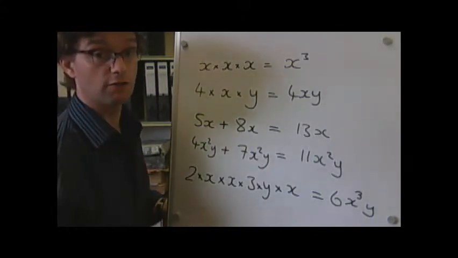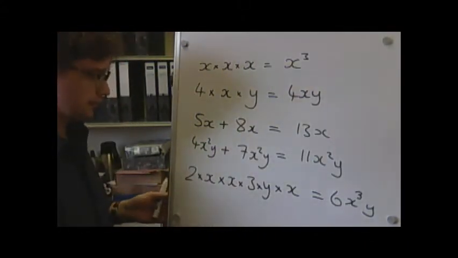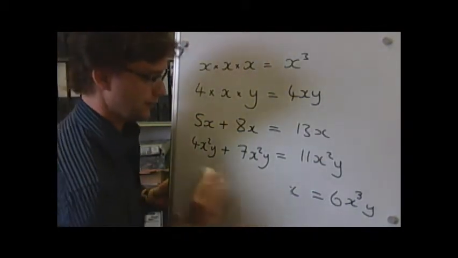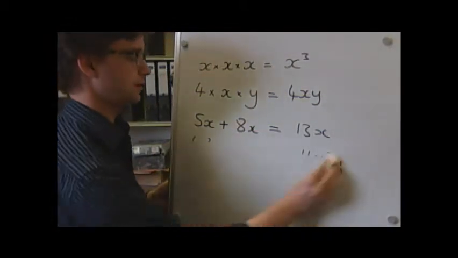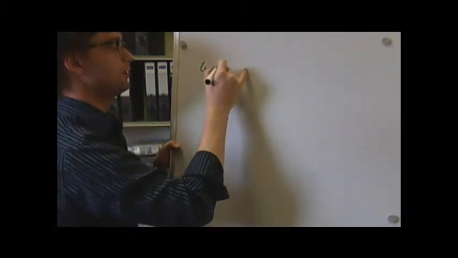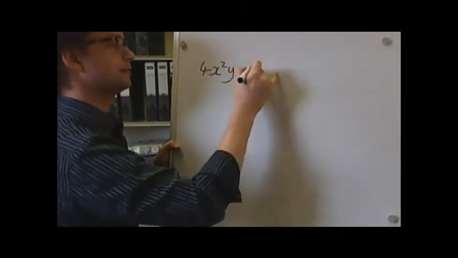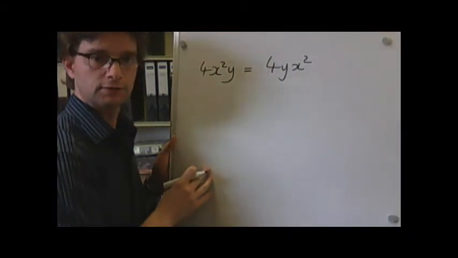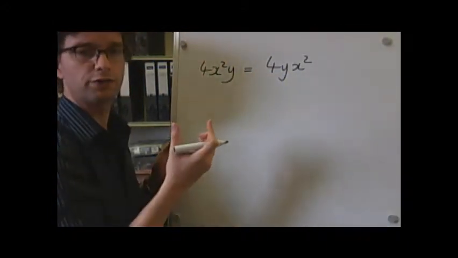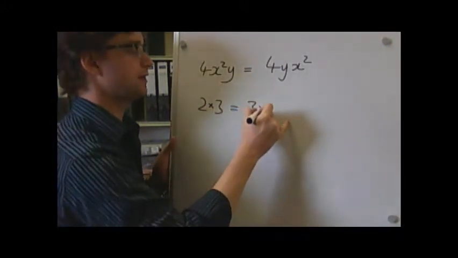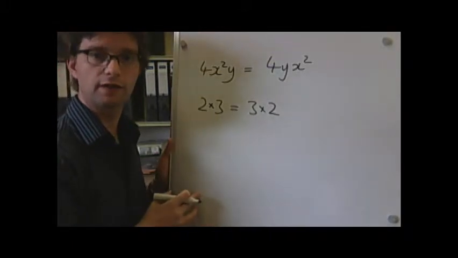One of the beauties of these algebraic things is that it doesn't matter what order you do multiplication in. So if I think about this one again for a minute, it's worth noting that 4x squared y is the same as 4yx squared. It doesn't matter what order you do multiplication in, right? So 2 times 3 is the same as 3 times 2. Everybody would be happy with that idea, I hope.